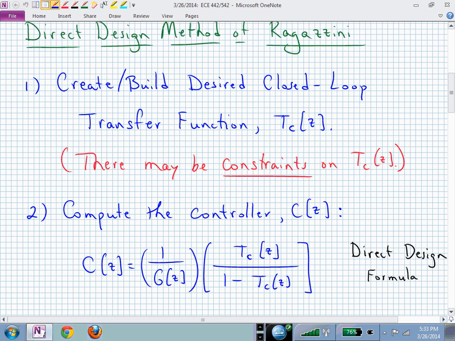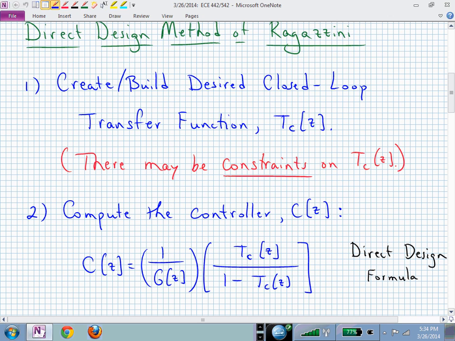Maybe we haven't talked too much about that, but a lot of times the more steady state accuracy you need, the more poles you need at the DC location, which is at z equal to 1. But we'll get there in other designs probably. They'll sort of take care of themselves in this design.